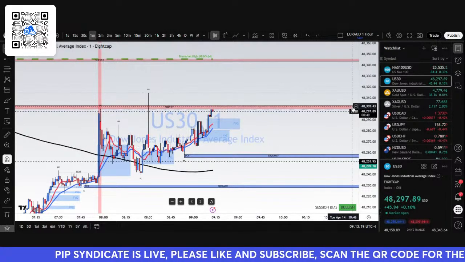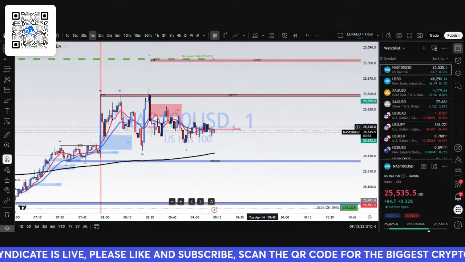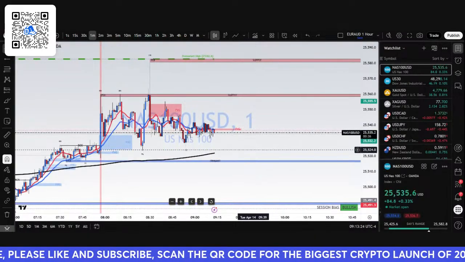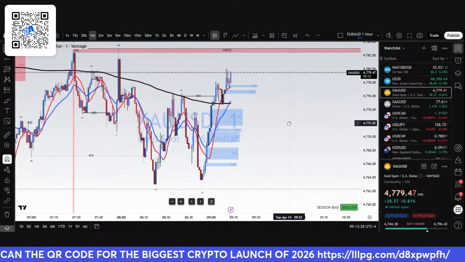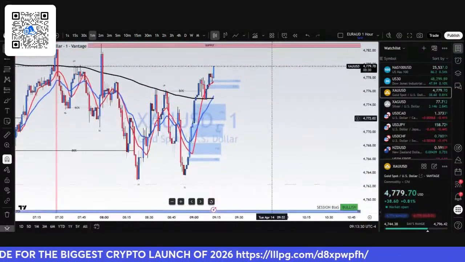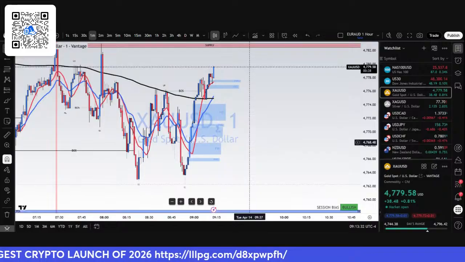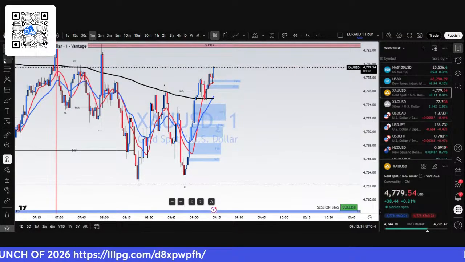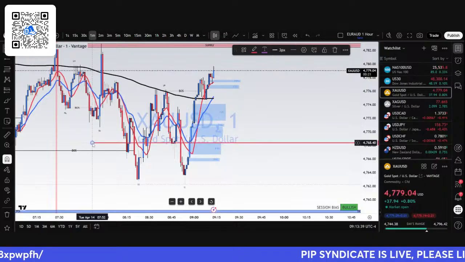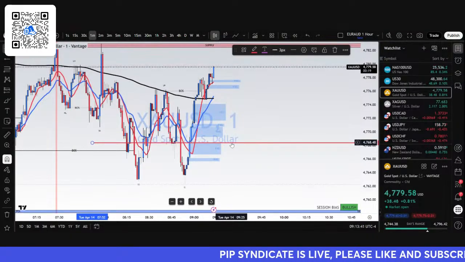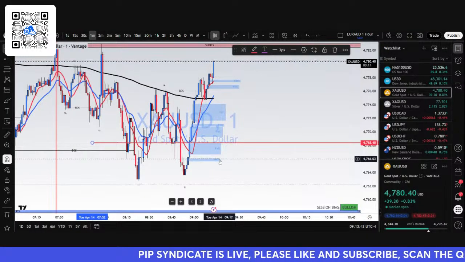All right. I don't really see anything exciting here with this. We need gold to pull back. I'd like to get in over here. If I do enter here, guys, I'm entering knowing that it still could come here.